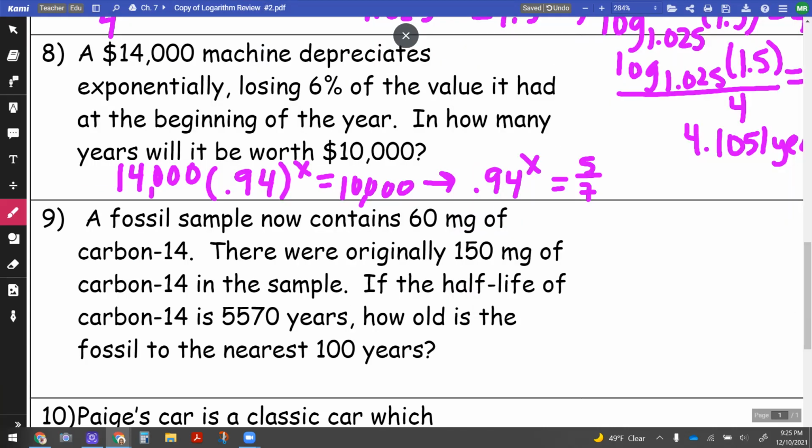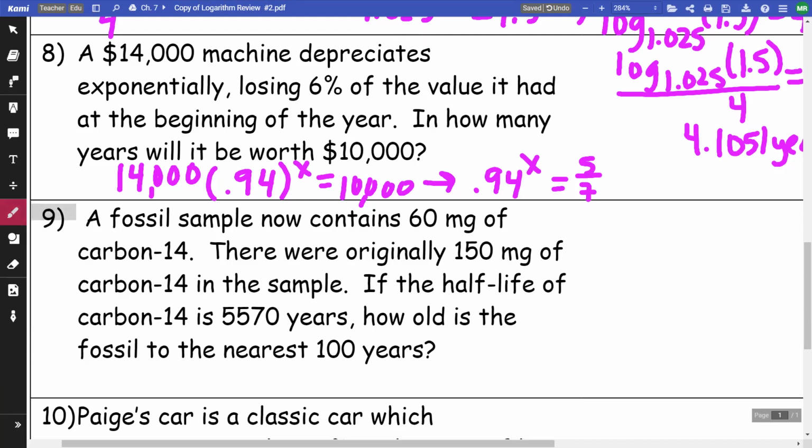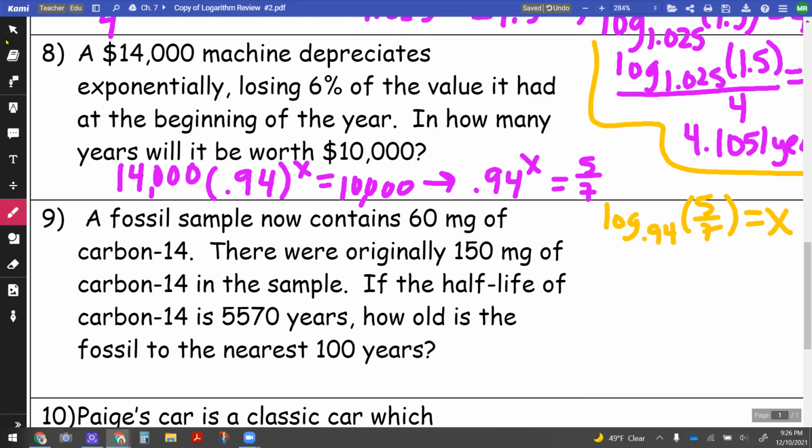I'm just going to leave it as this fraction. It's easier to write. Then I'm going to rewrite this in logarithmic form or log both sides, whichever method you prefer. So I'm going to write log base 0.94 of 5/7 equals x, and I'm just going to put that in my calculator.